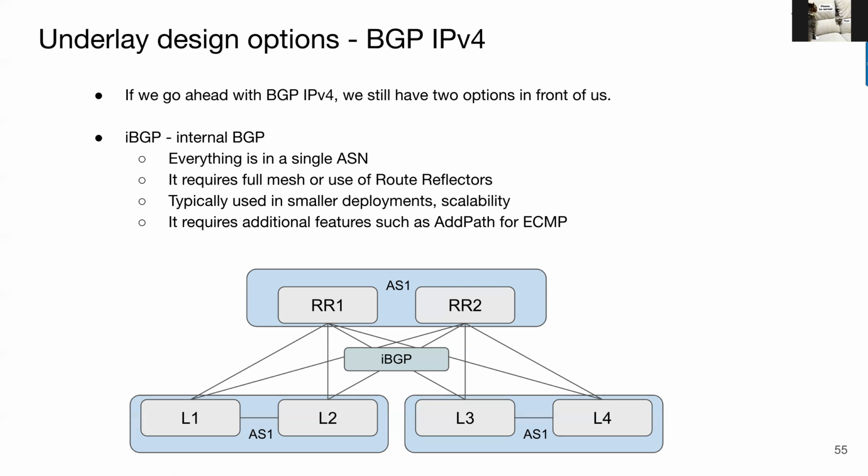But in any case, this one customer who is using iBGP, I'm not quite sure what it's giving him. I don't really know the advantage he gets from having everything in a single ASN, especially with all the other wacky configuration that this guy has. So I would say that for the most part, you're going to be using eBGP in the underlay. And I've only seen this one customer using iBGP between the spines and the leaves.